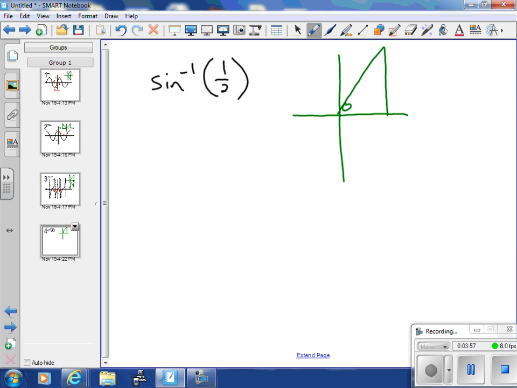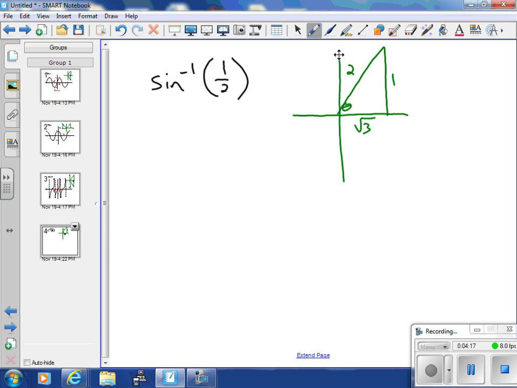Something like that. So this is the angle. So we're going to say, well, if it has a sine of 1/2, it'll look like that. We should be aware that that third side would have to be the square root of 3.